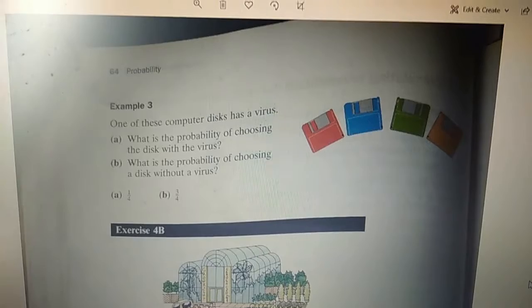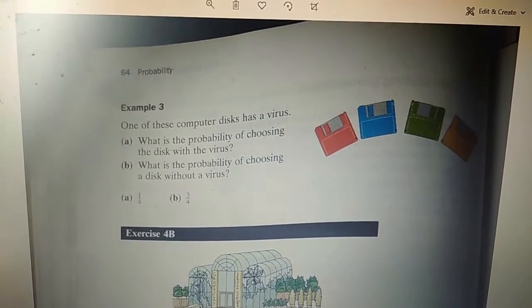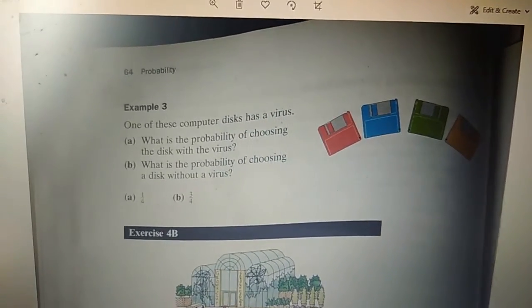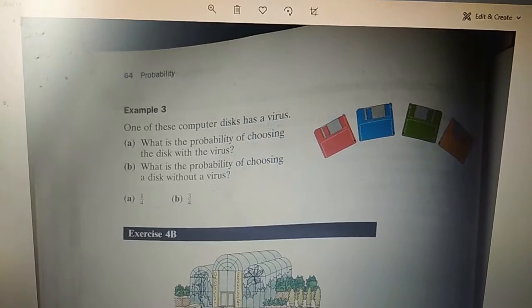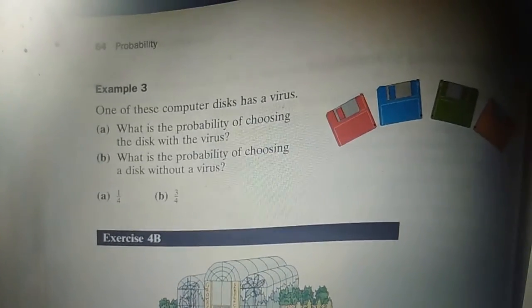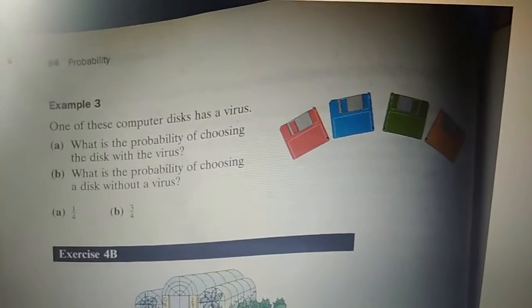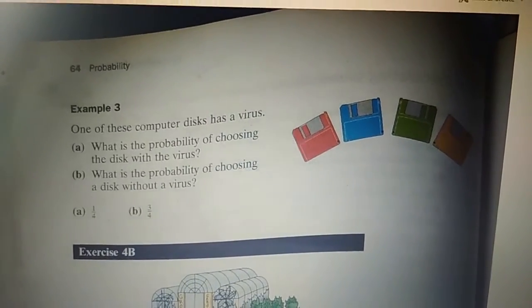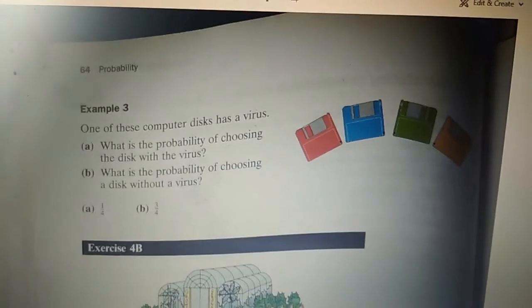The total number of disks is 4, and we are choosing just 1 disk with the virus out of these 4, so the probability will be 1 by 4. The second one asks, what is the probability of choosing a disk without a virus?